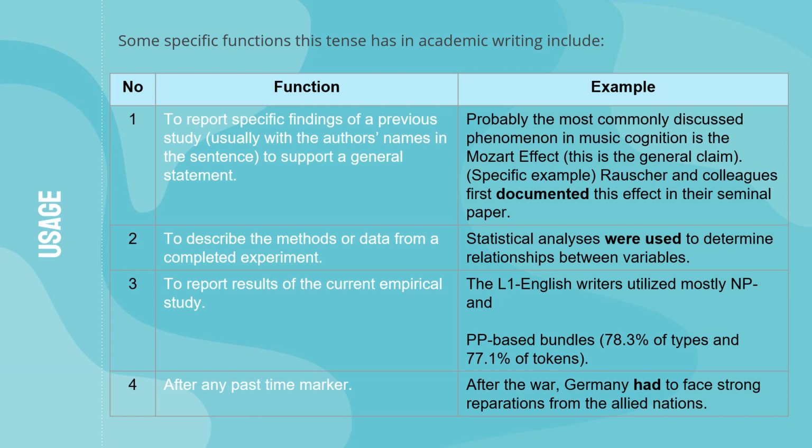Example: the first language English writers utilized mostly NP and PP-based bundles 78.3% of times and 77.1% of tokens.